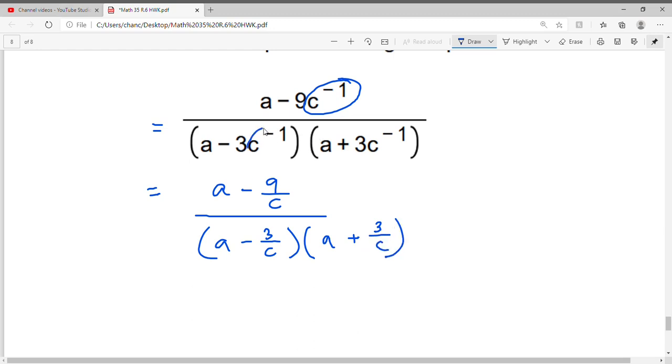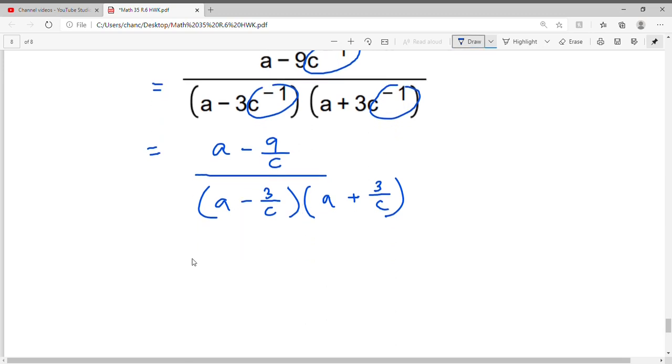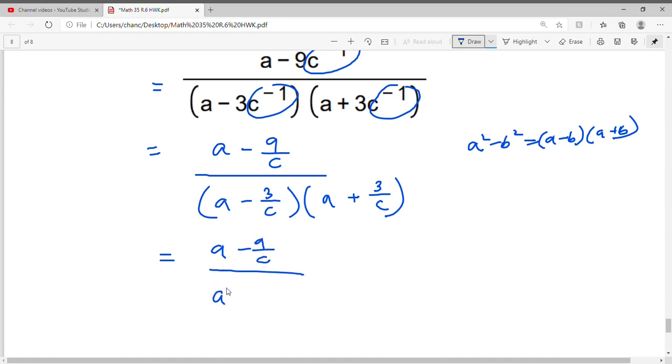Again, these negative ones only affect the c. Now notice on the bottom we have the difference of squares. a squared minus b squared is a minus b times a plus b. So we can use our formula for the difference of squares. We have a minus 9 over c divided by a squared minus 3 over c squared.